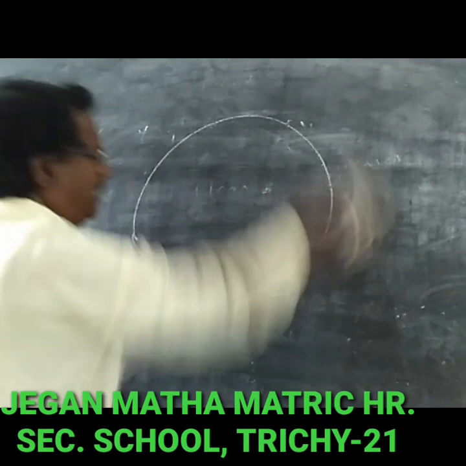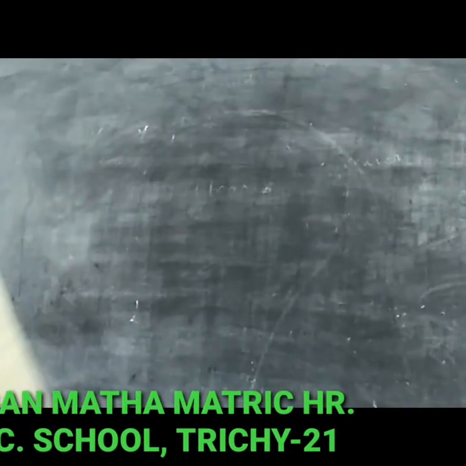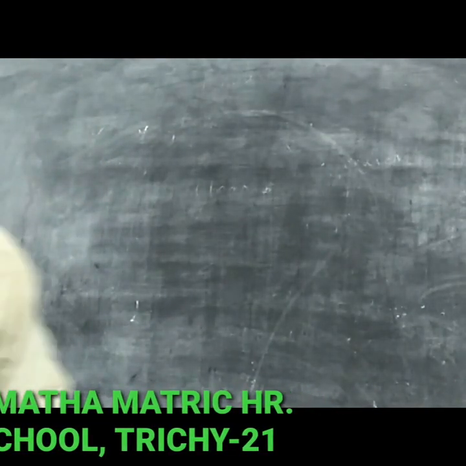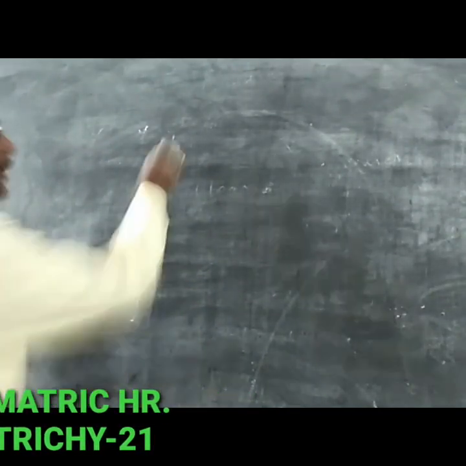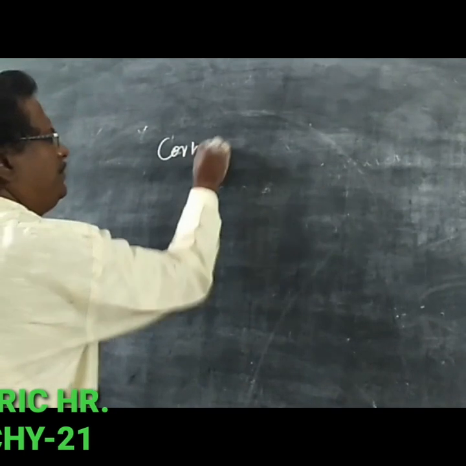What is the cortex? The outermost layer of the lymph node is called the cortex.